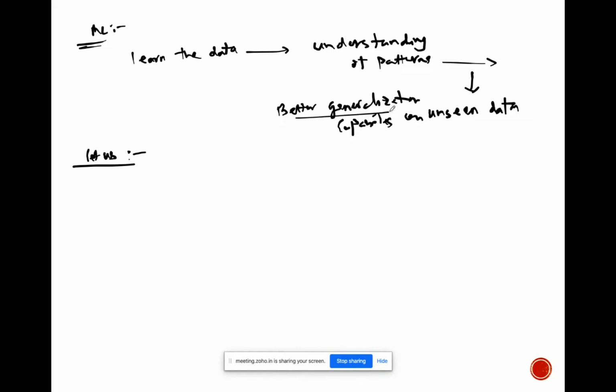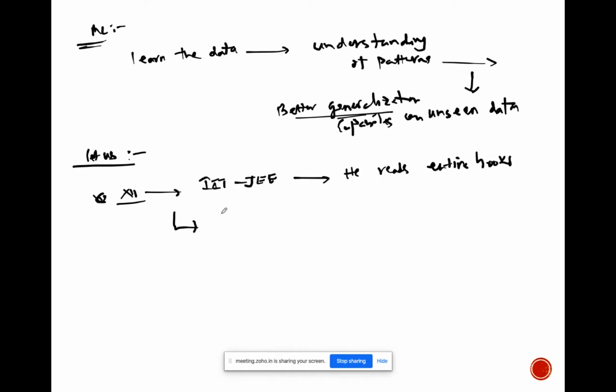Let us take an example. What is better generalization? Let's take a student of class 12th preparing for IIT. He reads the entire book, but when he sits for the final exam, we call this unseen data.